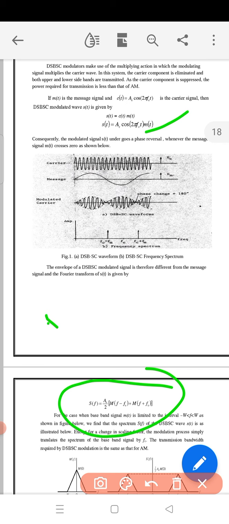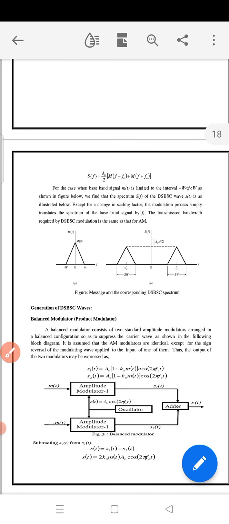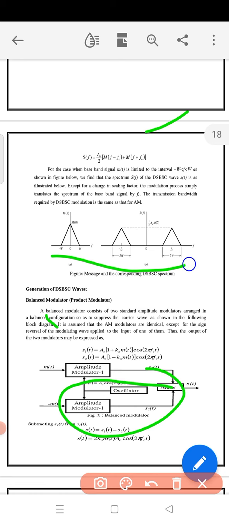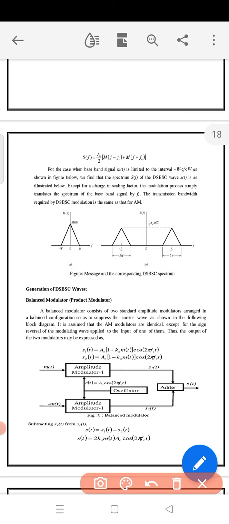It means the two sidebands, the lower sideband and the upper sideband. These are the upper and lower sidebands of the DSBSC signal. These are the frequency spectrum diagrams.